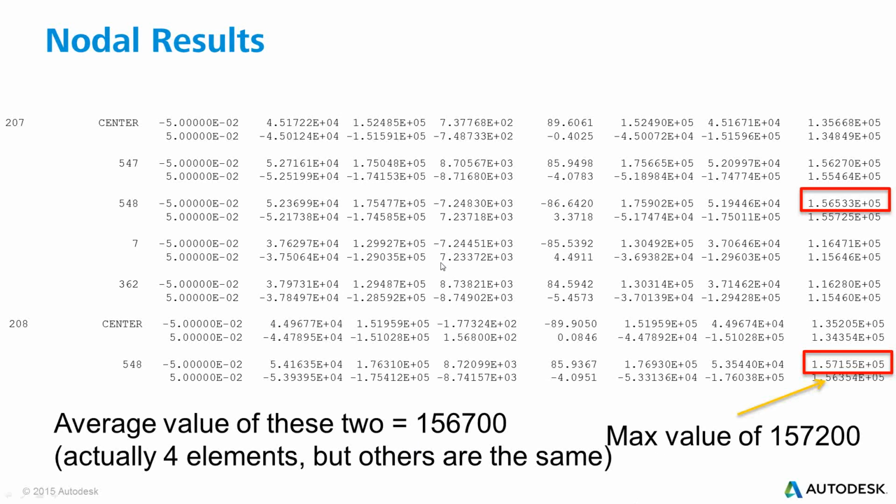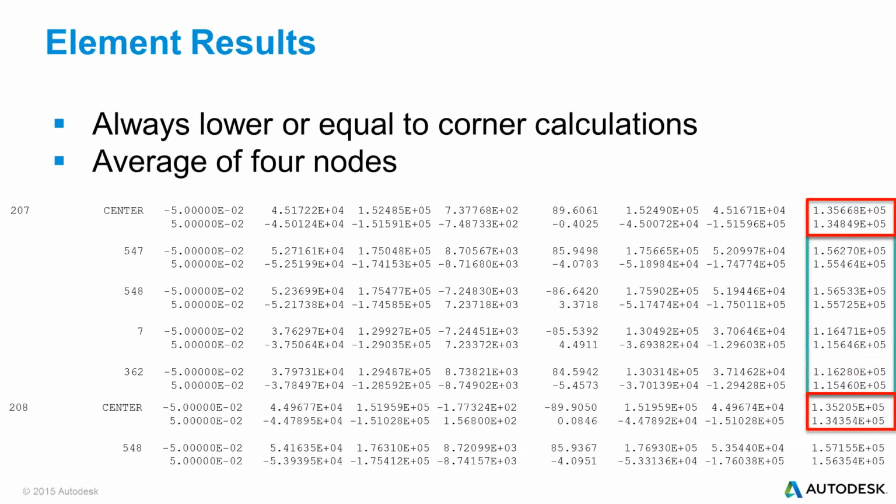When I tell it to do the max, it says this one down here is bigger than that one, so 157,200 is the value I'm going to plot. So the max just chooses the biggest of them. I'm showing you with two elements. There's actually four.